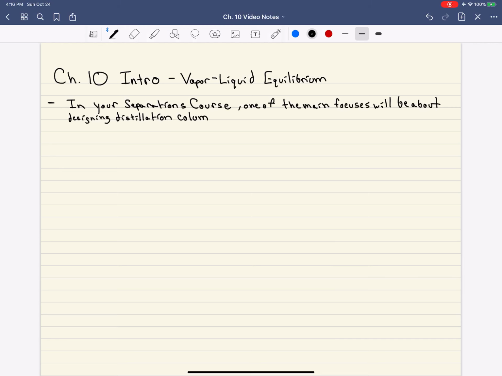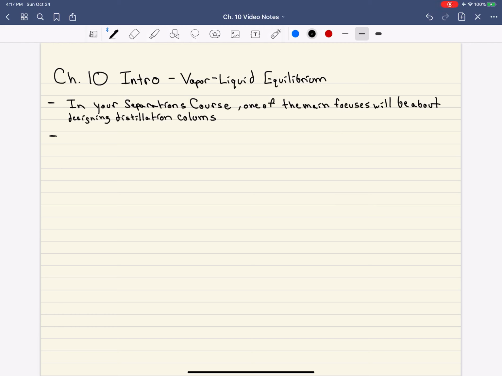And at least for the chemical engineering curriculum, distillation columns are a good model system to focus on, because in distillation columns, it's a very complex process of boiling a liquid, and then the vapor that comes off the boiling liquid goes up a column that has a temperature gradient that goes from hot to cold, and so this vapor then interacts with the liquid that's flowing down, and you have basically the transfer of chemical components from the liquid phase to the vapor phase and vice versa.